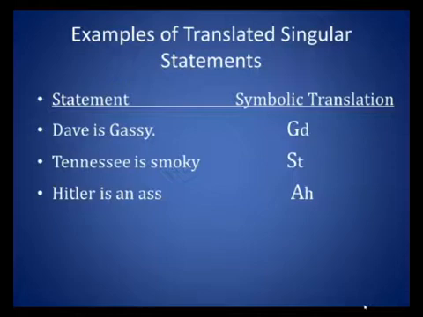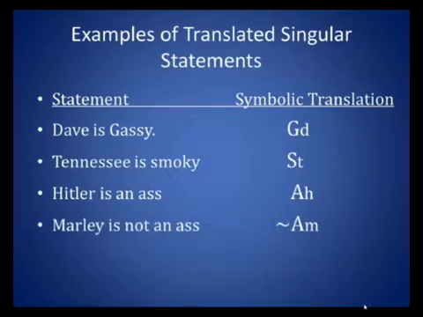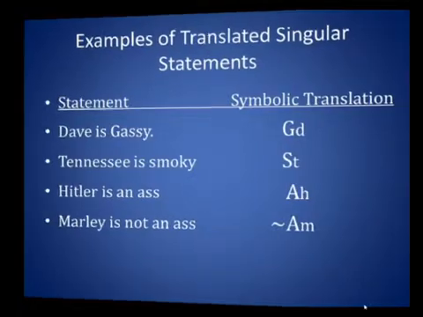Again, on the left is the predicate symbol, on the right is what we call the individual constant. Marley is not an ass. So we should be familiar with this negation sign, but by putting the negation sign in front of it here, I'm saying it's not the case that lowercase m, Marley, is an ass. Ass being the predicate, Marley being the subject.